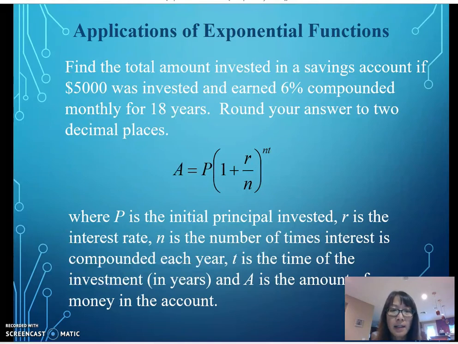And then N has to do with the number of compoundings and is compounded monthly. And since we're talking about the interest per year, compounded monthly, so that's 12 months a year. So the N value is 12, and the time of the investment in years, in this case, is 18.